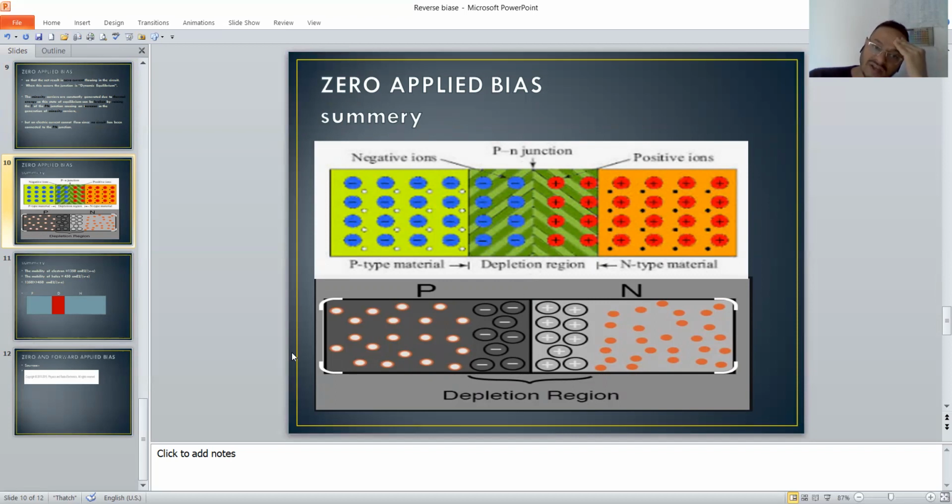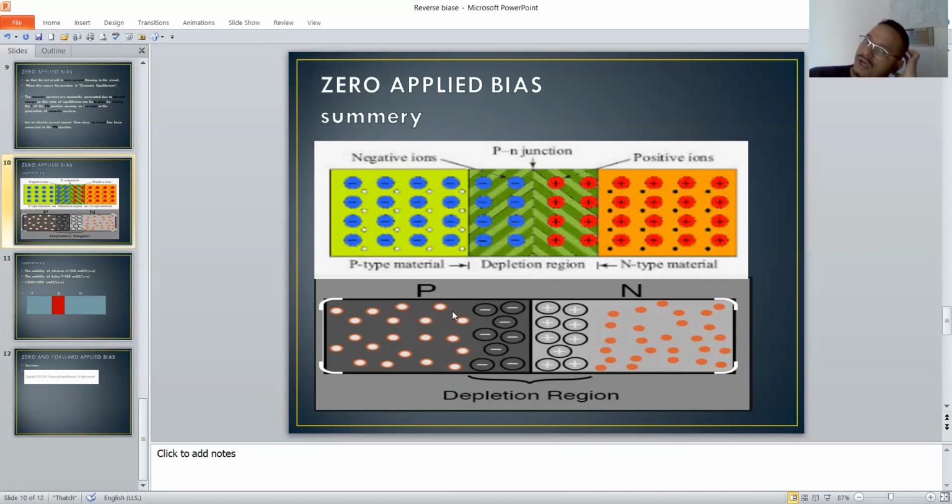Here with zero bias, we connect the two terminals from the N-type and P-type like that, and take a point to join them, and with the earth, without any power, we deal with the depletion region. The donor ions will be near the N-type, and the acceptor ions near the P-type.